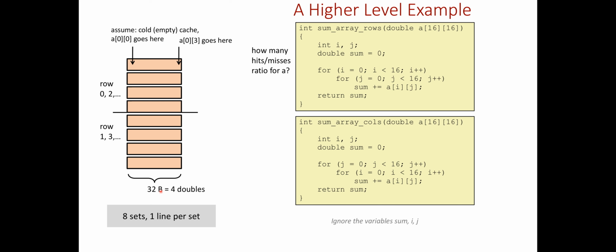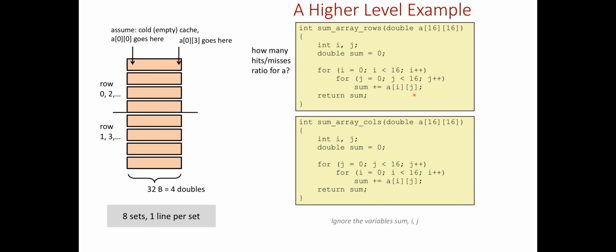What that means is if we have a 32-byte line, we could actually hold 4 doubles in it. And in this case, I'm showing that we happen to have 8 sets.